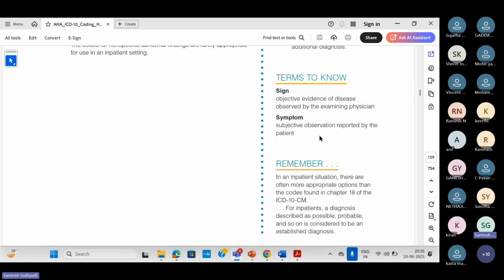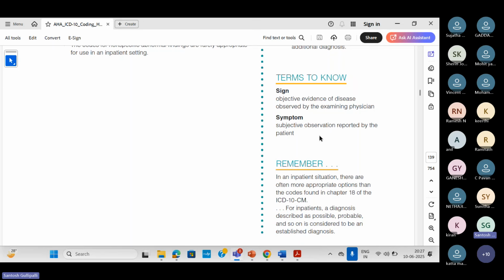As per signs and symptoms guideline, the symptom is the integral part of the definitive diagnosis. Do not code separately unless the symptom etiology is unknown. For example, the patient comes for abdominal pain and the physician diagnosed acute appendicitis, gastritis, and diverticulitis, and abdominal pain is also documented.